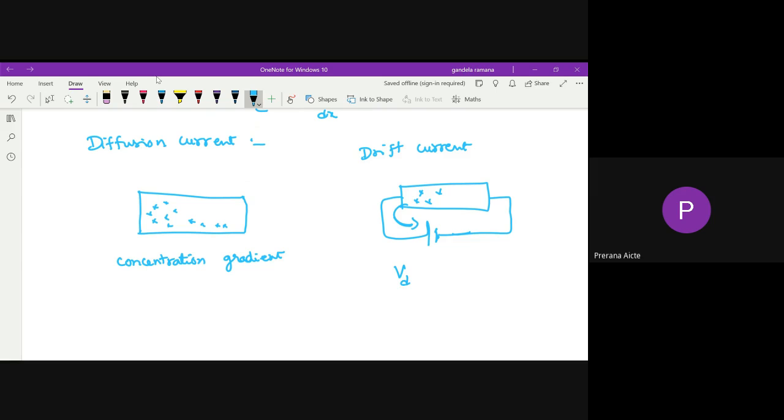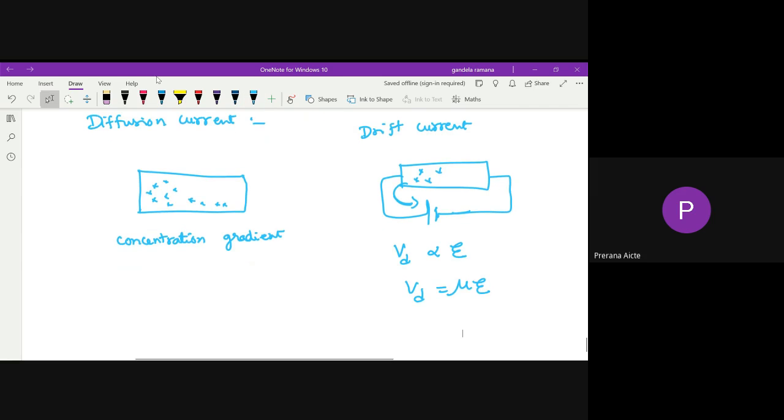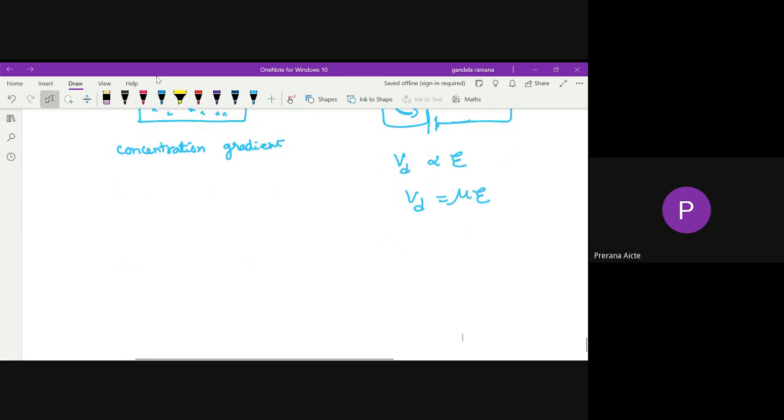Drift velocity is proportional to electrical intensity, so Vd is equal to mu into E, where mu is the mobility of electrons.